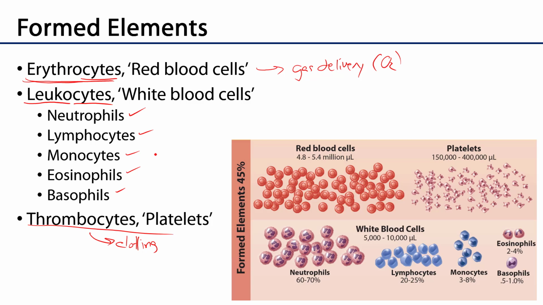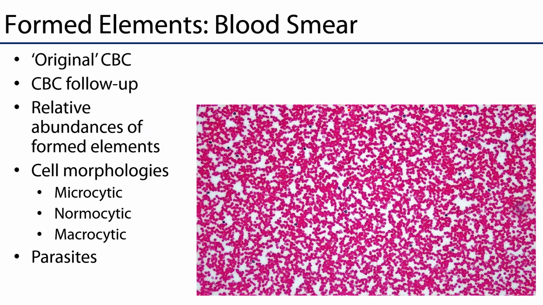I remember this order of relative abundance by the mnemonic, never let monkeys eat bananas. Leukocytes relate to immune responses, as we'll see in subsequent videos.